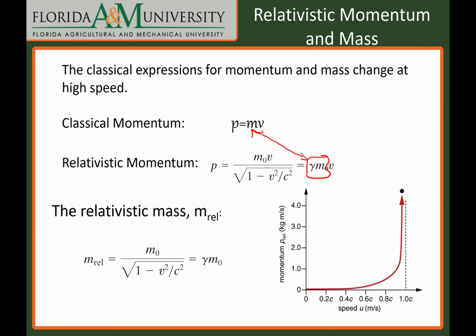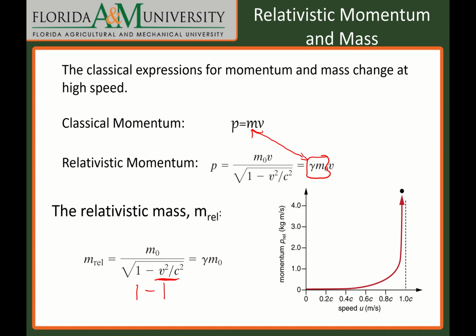If you look at the picture there, you can see what that means is that as you go to higher and higher v, you approach the speed of light, and so we get close to 1 minus 1. 1 minus 1 is 0, and so we'd have gamma being 1 over 0, which is infinite.